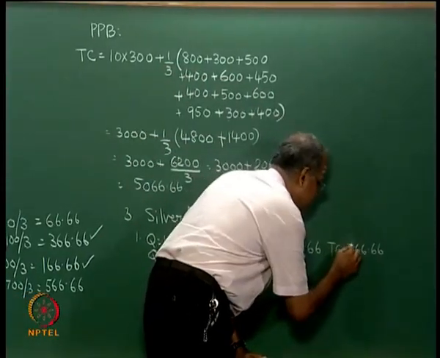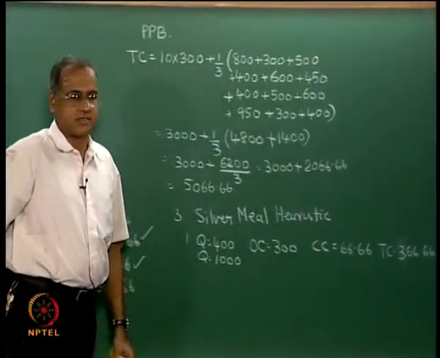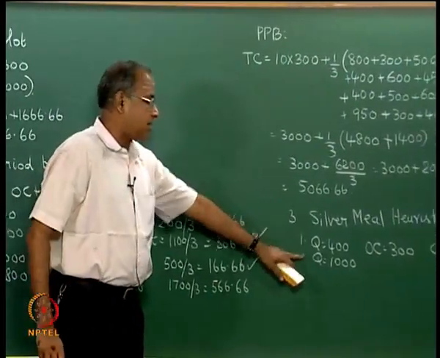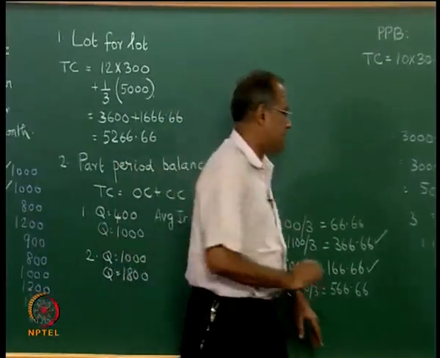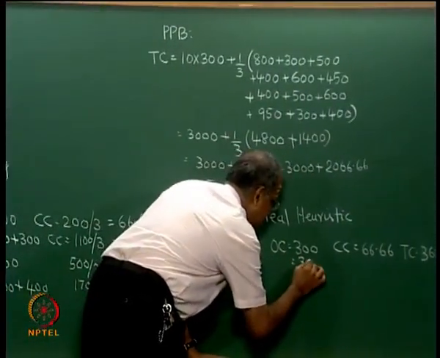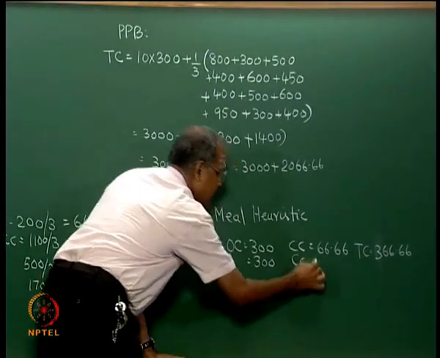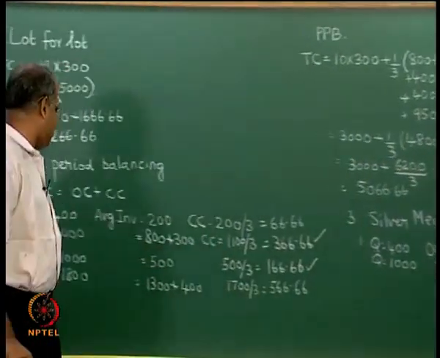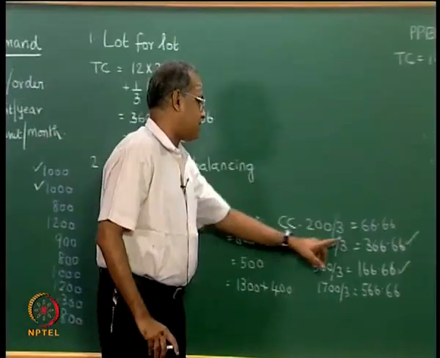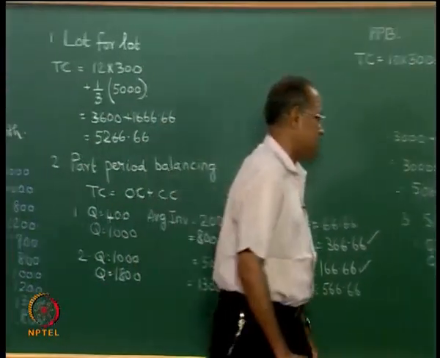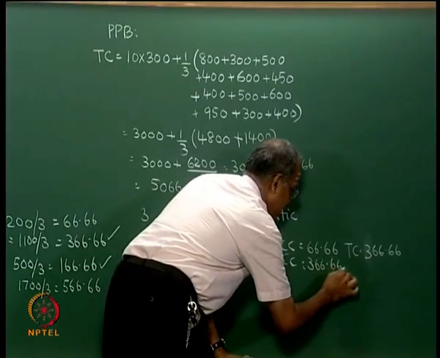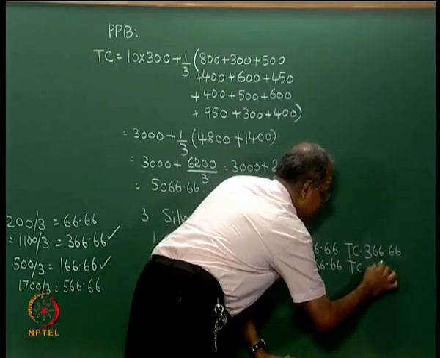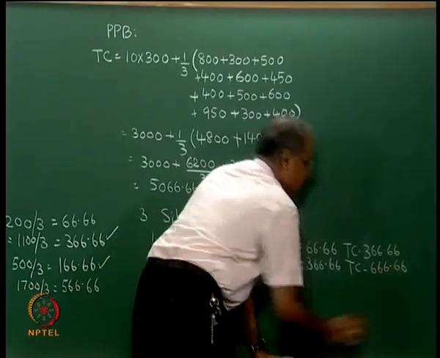So, total cost is 366.66. Now, when Q equal to 1000, we still try and order 1000 in a single order. So, order cost is 300, carrying cost we have already computed, we have just kept it here, carrying cost is 366.66. So, total cost is 666.66.